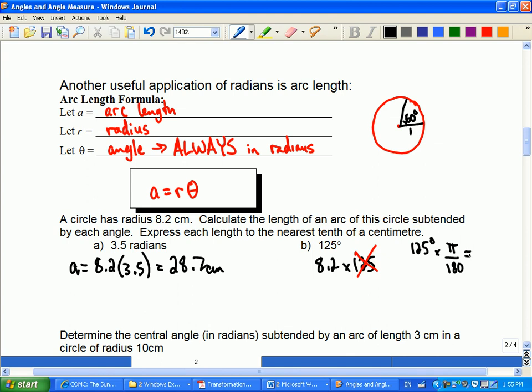We can use the radians answer. Okay, so what we're really doing is we're going to take that radius and multiply it by 25 pi over 36. So the arc length in this case is 17.9 centimeters.